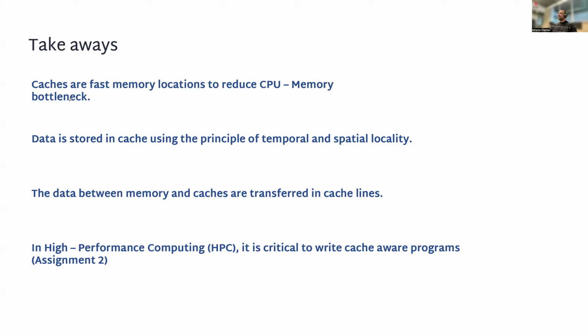So the takeaways are: caches are fast memory locations, and they are used to reduce the CPU-memory bottleneck, right? And we have different levels of caches, not only one, but I just wanted to keep this simple enough to understand. The data that is stored in the cache is frequently used data. For storing the data in the cache, we use the principles of temporal and spatial locality, which are important concepts.